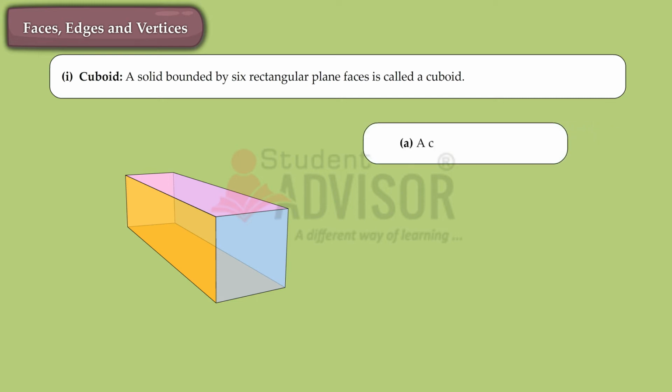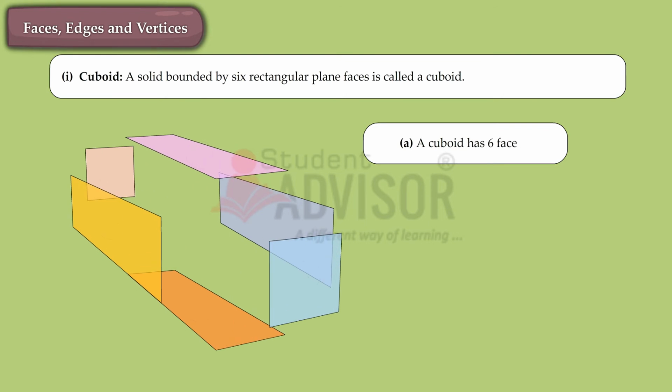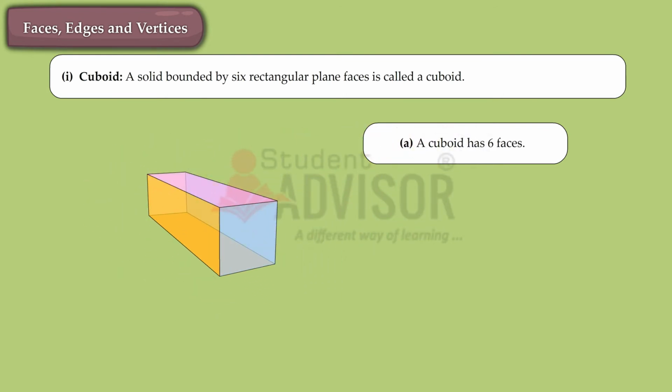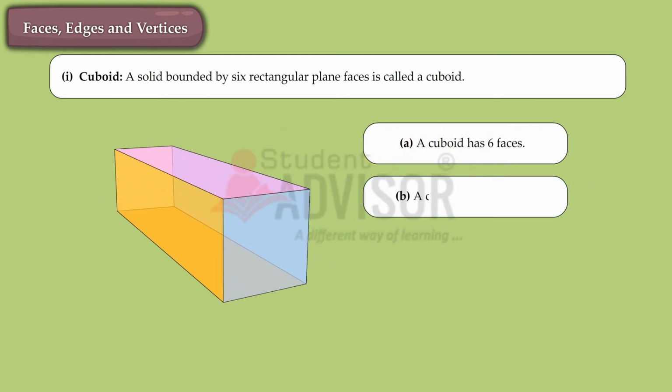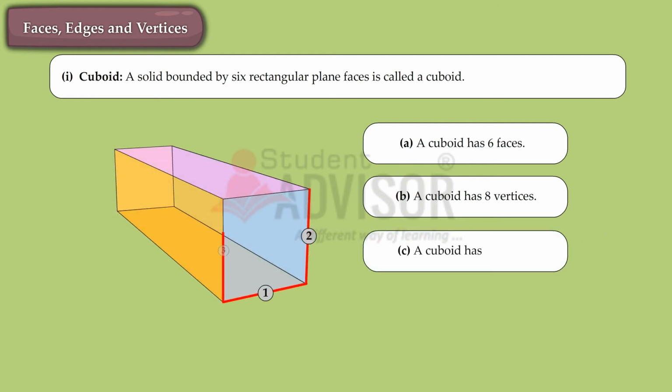A cuboid has 6 faces, 8 vertices, and 12 edges. Study the given examples. A box, a matchbox, a book, a brick, a tile, etc.